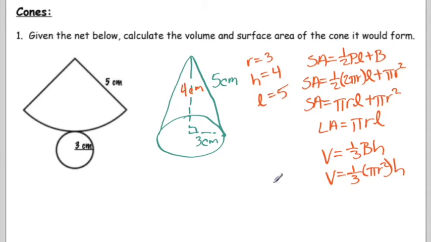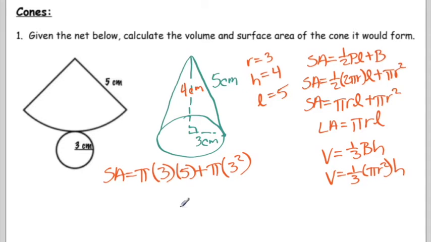So now I'm going to find the surface area and the volume. The surface area here is pi RL, and we know R is 3, and we know that L is 5, plus pi r squared, and R is 3 again.